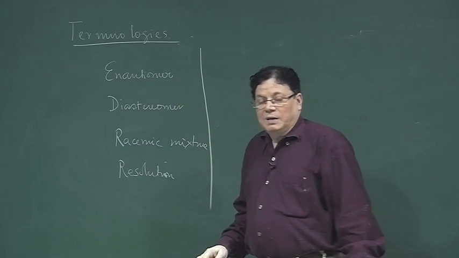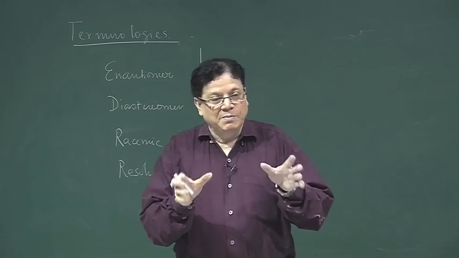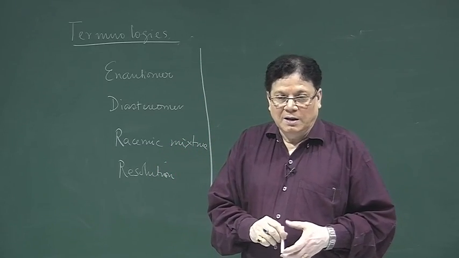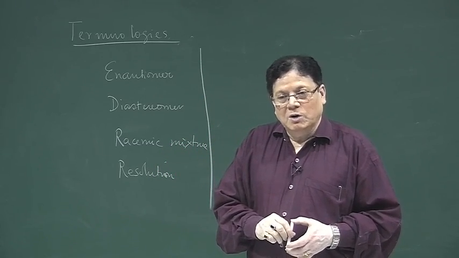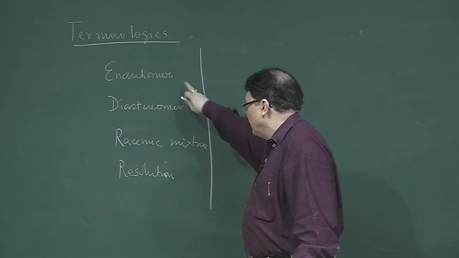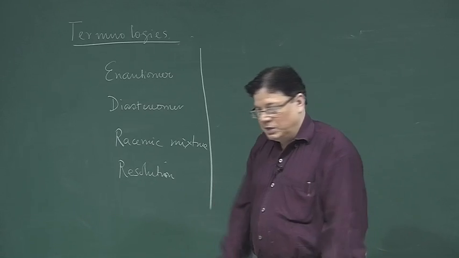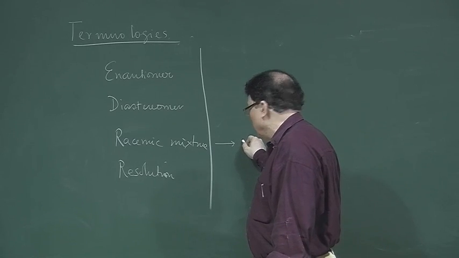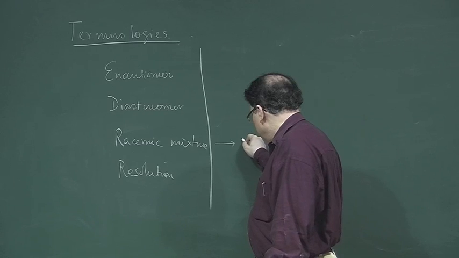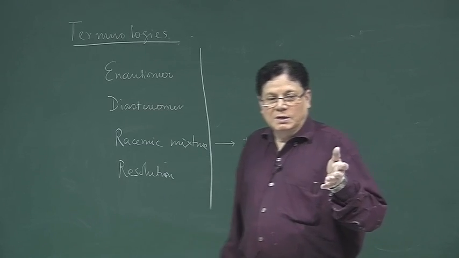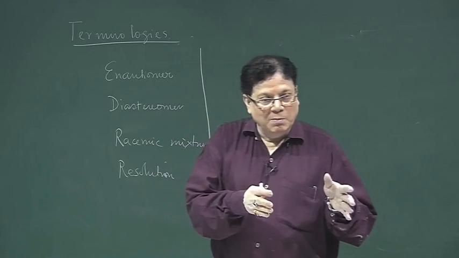Racemic mixture is a 50-50 mixture, or 1:1 mixture, of the pair of enantiomers. So, the rotation of a racemic mixture will be 0, plus or minus 0, because the plus compound is present in equal amount.